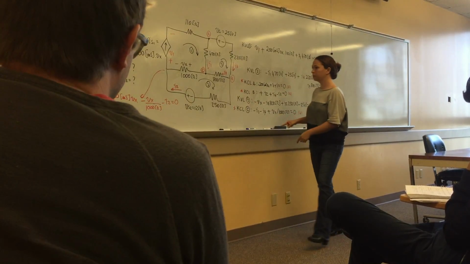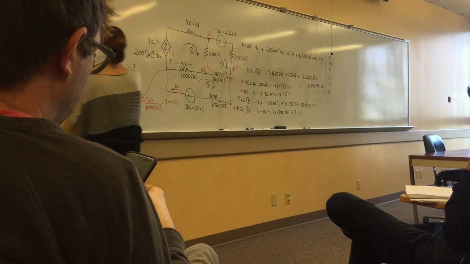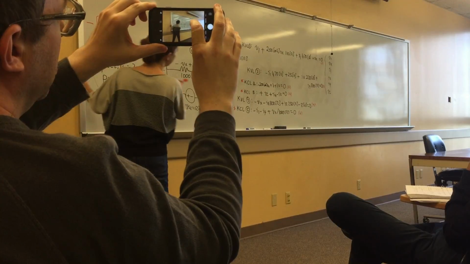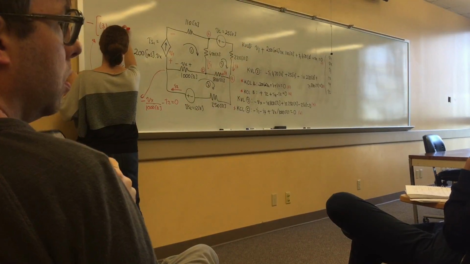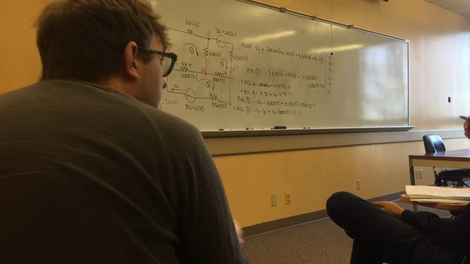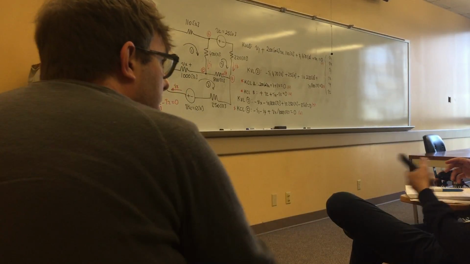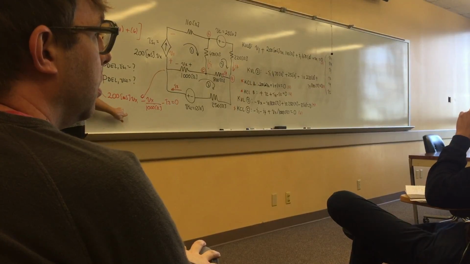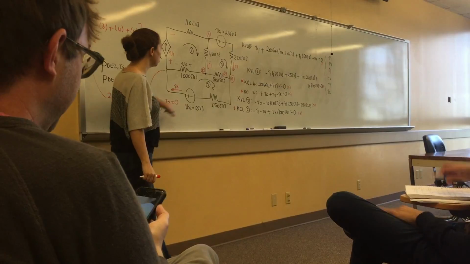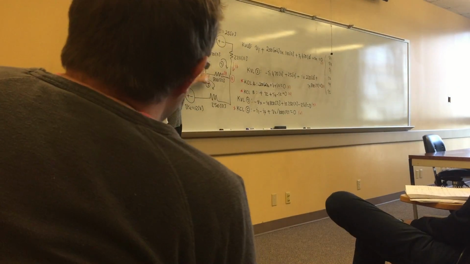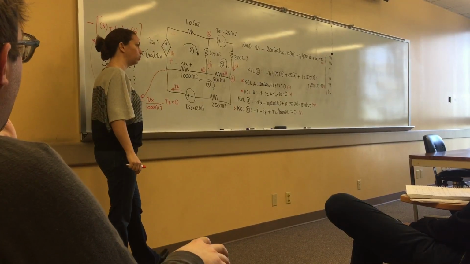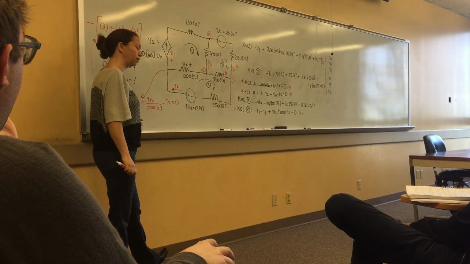This is the negative of equations 3 plus 4 plus 6. If I add those 3 equations and negate them, I get this one. So I know that's not new. Instead of writing this equation at this node, if you write the KCL at this node, that would be a dependent equation, not independent.